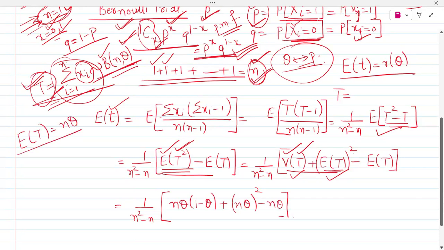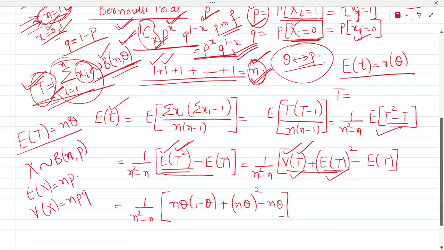You know that the mean of a binomial distribution is np. If you have X which follows a binomial distribution with parameters n and p, then the expected value of X is np, and the variance of X is npq.